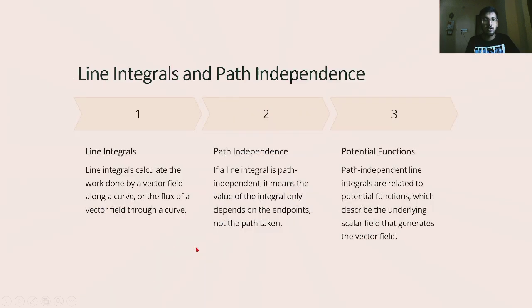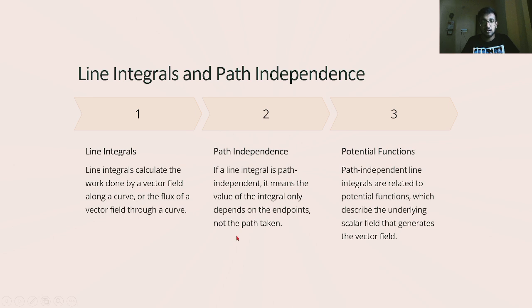Next, we have line integral and path dependence. First, line integrals calculate the work done by a vector field along a curve or the flux of a vector field through a curve. The second one is path independence.